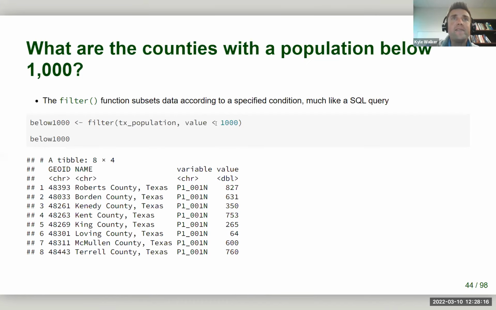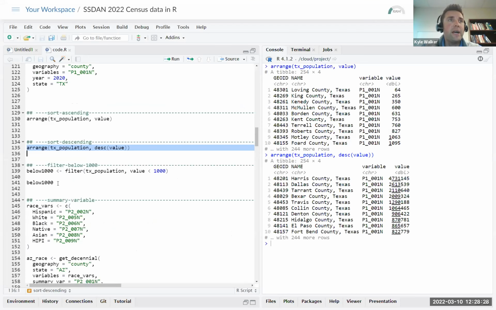So there are a variety of different conditional operators that can be used in R. I'll walk you through some of the most basic ones if you want to fiddle with this a little bit. I'm going to go back here and show you briefly how this works. So I am filtering my Texas population object for rows that have a value in the value column less than 1,000.